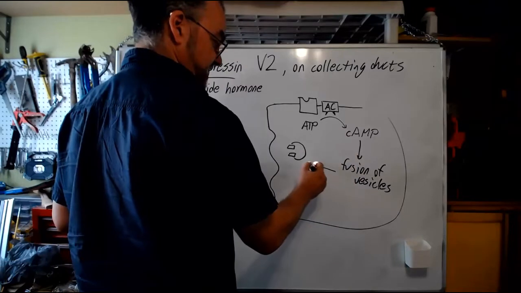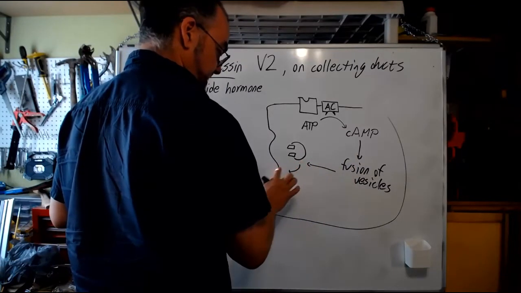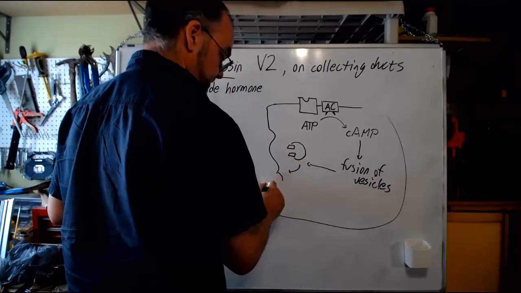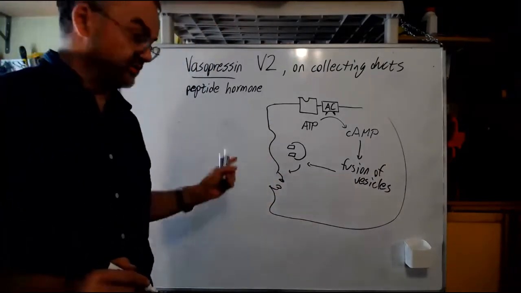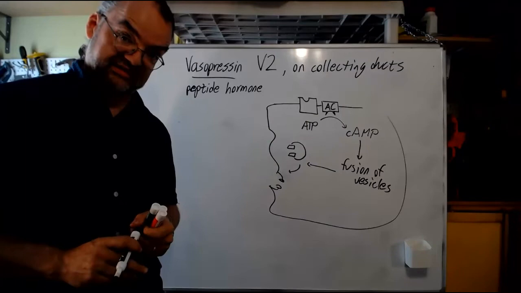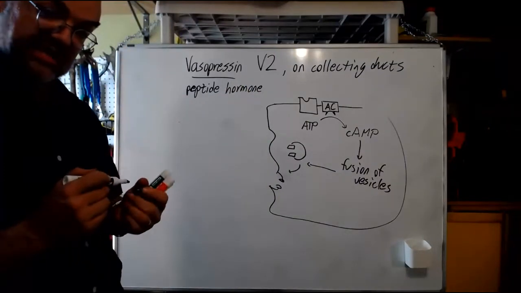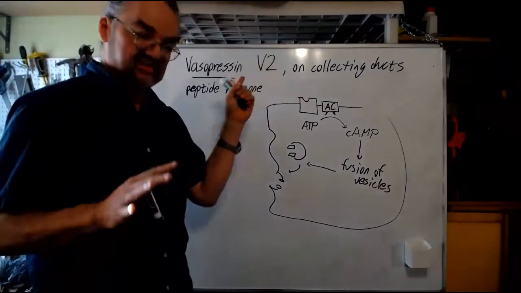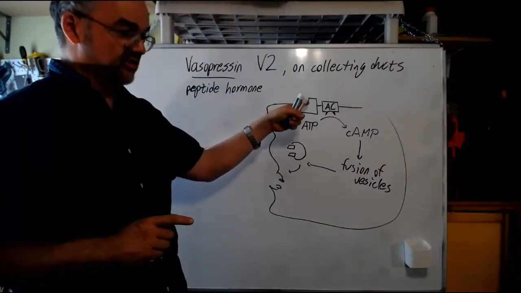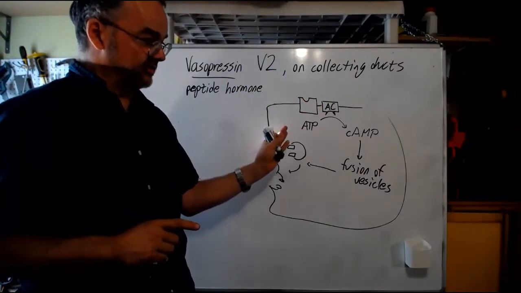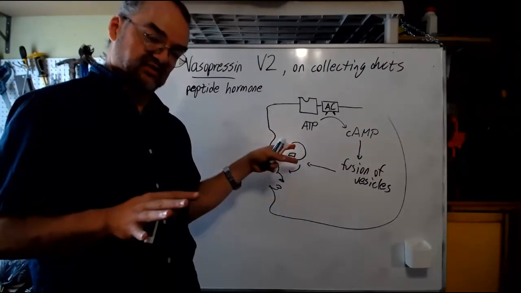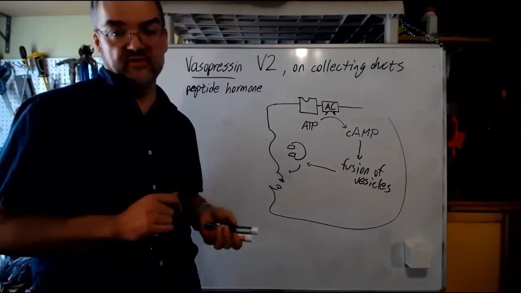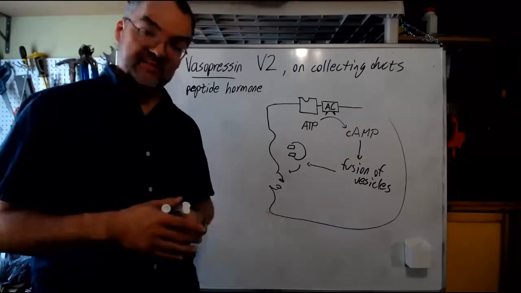Cyclic AMP is going to be the thing which makes these vesicles come up, fuse with the membrane, and make this cell permeable to water, which allows us to reabsorb water from the collecting duct. So that's how vasopressin works. It binds to the V2 receptor, which activates adenylyl cyclase, which makes cyclic AMP, which triggers the machinery that causes these vesicles with aquaporins to move up and fuse with the apical membrane. So an example right there.